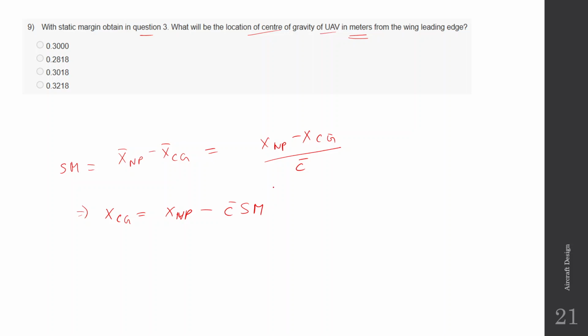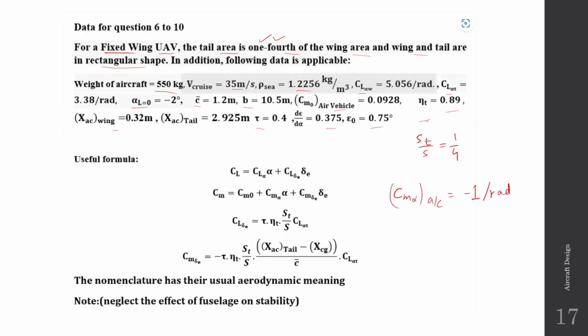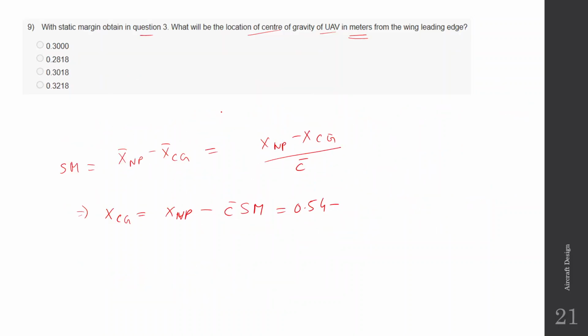Again, you can put all the values here. So this is 0.54 minus c bar was given as, where is c bar? C bar is 1.2 meters. 1.2 into 0.181.